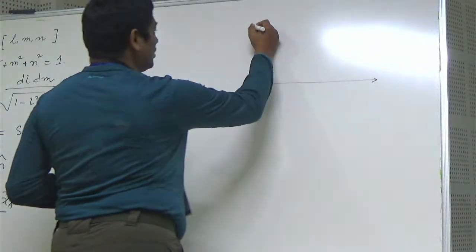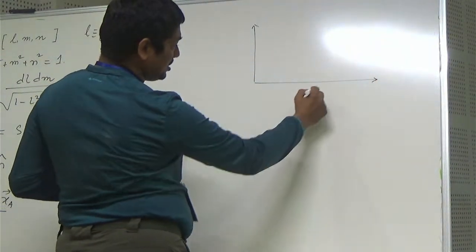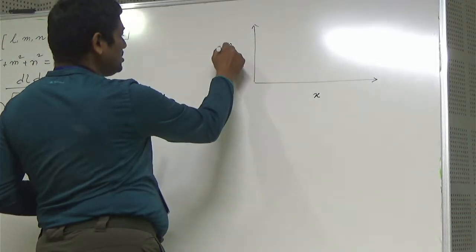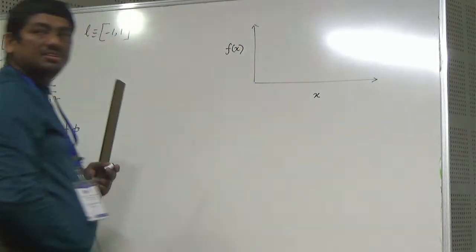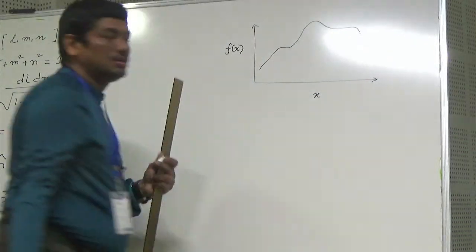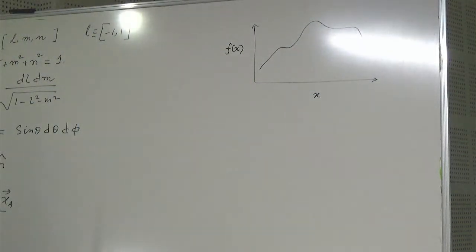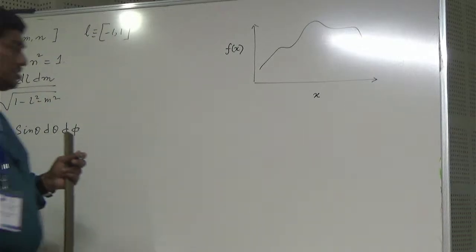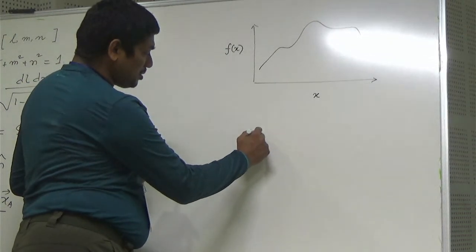Let's say, talking about probabilities for the time being, that I have a function f(x) as a function of x, and this is how the function looks. What I am interested in is the power spectrum of the function.